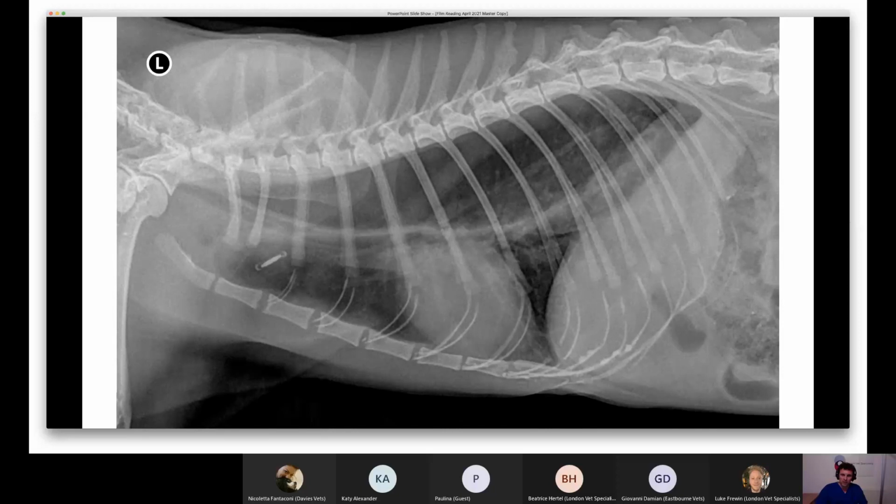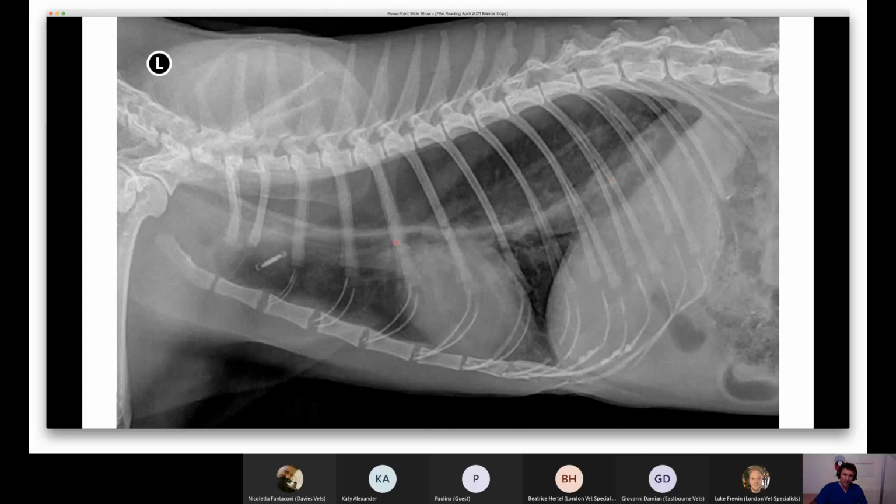So immediately you look at this film and the dorsocaudal thorax looks abnormal, almost looks hyperlucent, and our eyes are drawn to a linear opacity that stretches right the way from the cranial thorax to the margins of the diaphragm.